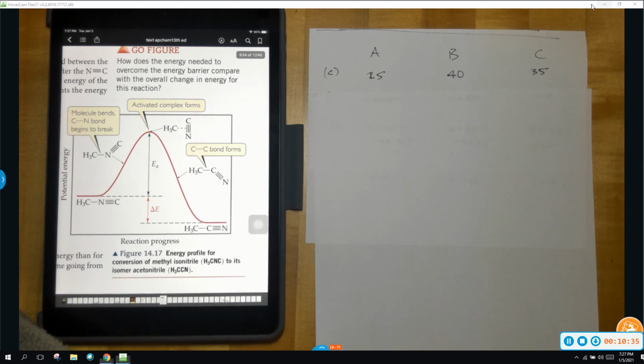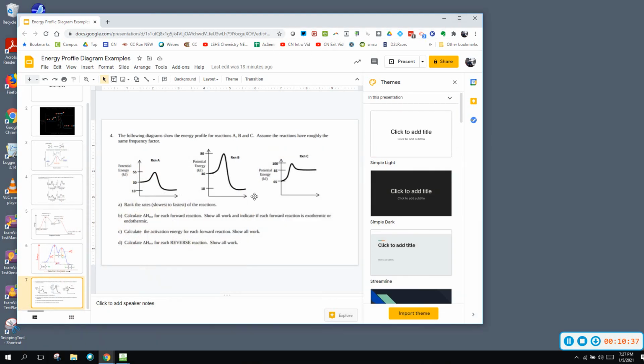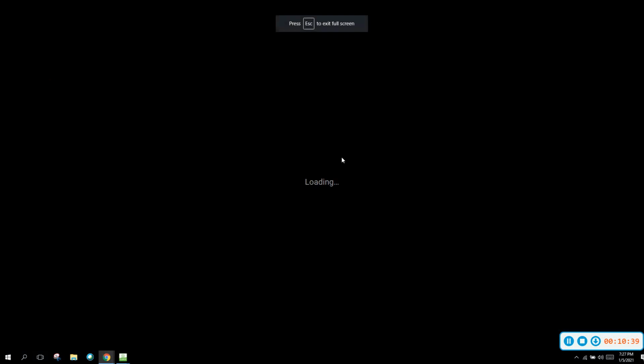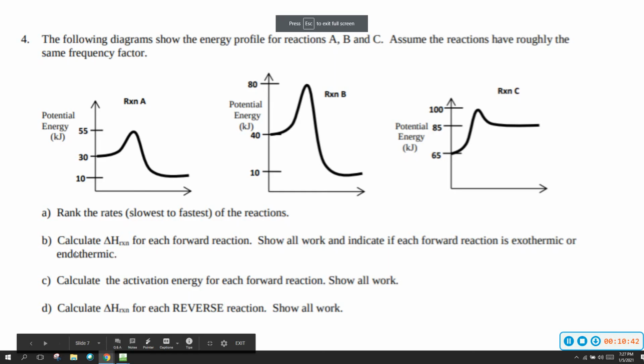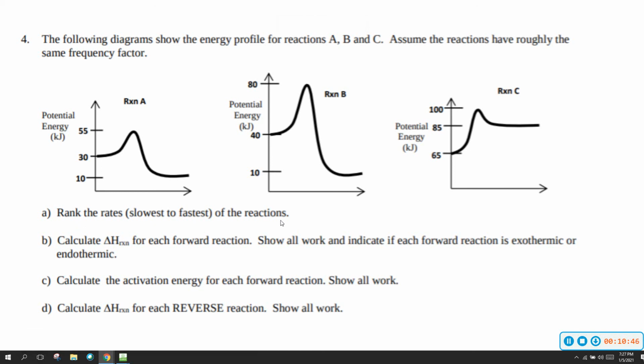All right, let's jump back to that, and let's ask the second question right here. I'm going to actually jump to letter A now. Rank the rates from slowest to fastest. So remember, the thing that determines how fast the reaction is how tall the activation energy is. And so if we're going to rank them, the one that would be the slowest would be the one with the biggest or largest activation energy.